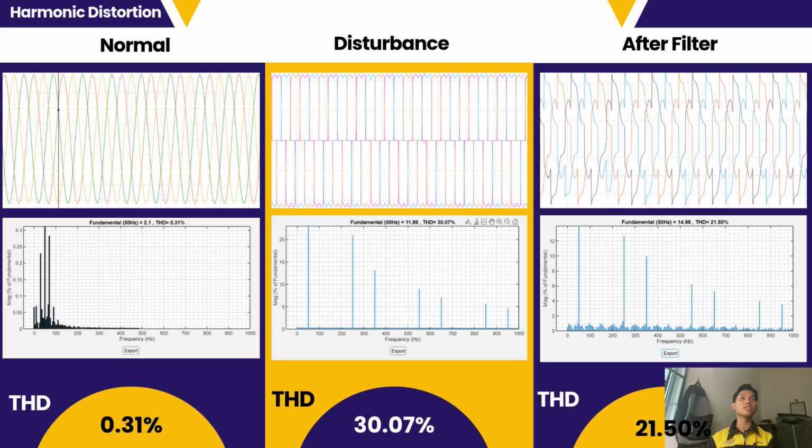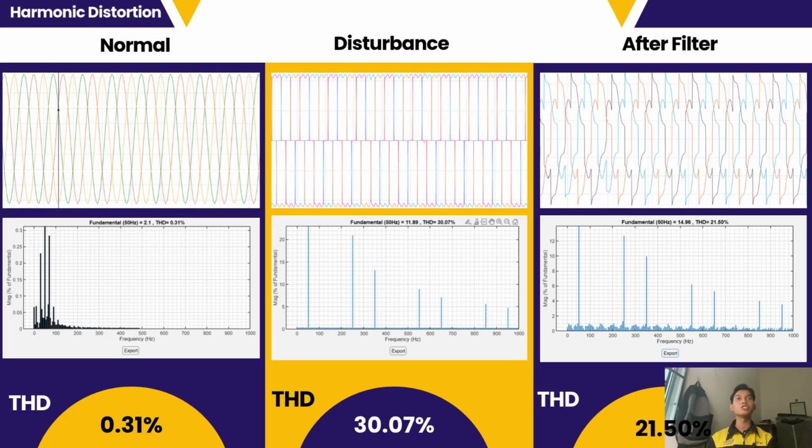Next, the middle section shows the harmonic distortion condition after the nonlinear load is connected. The current waveform becomes highly distorted and exhibits a pulse-shaped characteristic instead of a smooth sinusoidal waveform. This occurs because the rectifier draws current intermittently during the AC cycle. The FFT analysis shows significant harmonic components, particularly the 5th, 7th, 11th, and 13th harmonics, which are commonly produced by a 6-pulse rectifier system.